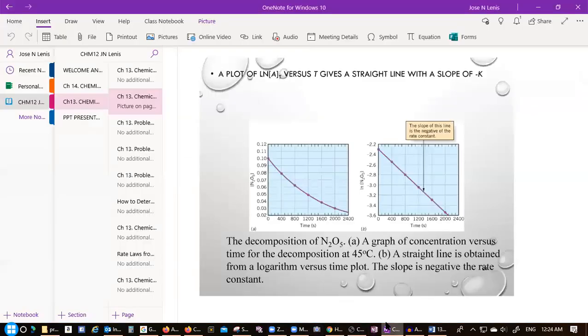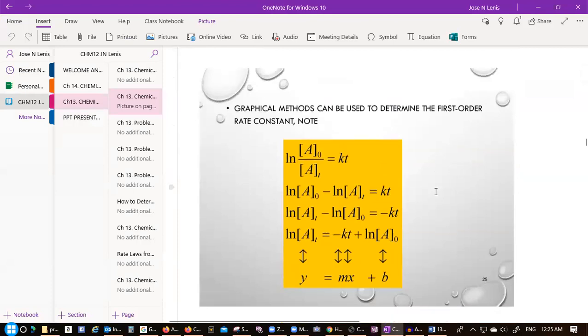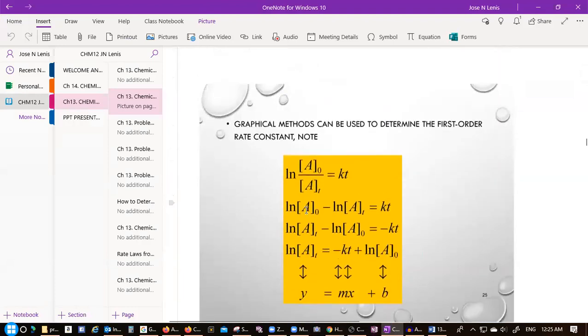All right, let's go back here. We just found that this reaction at that temperature is first order with respect to the concentration of N2O. So we can create a nice straight line from there. You see here it goes downward.